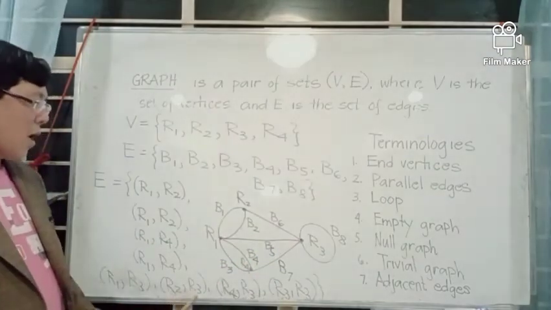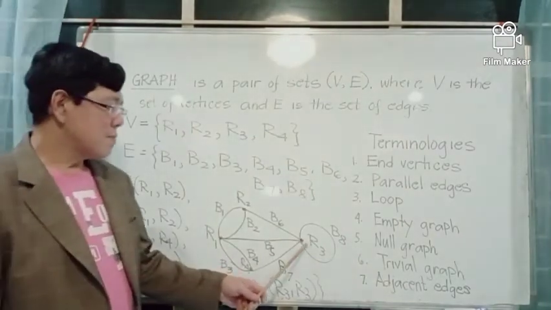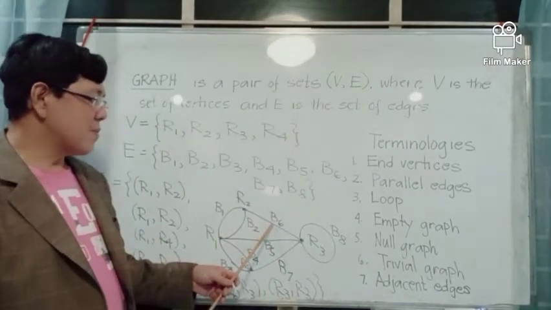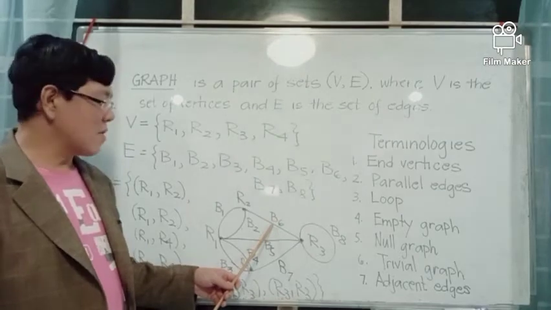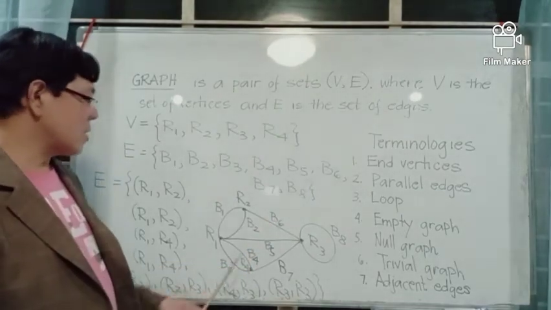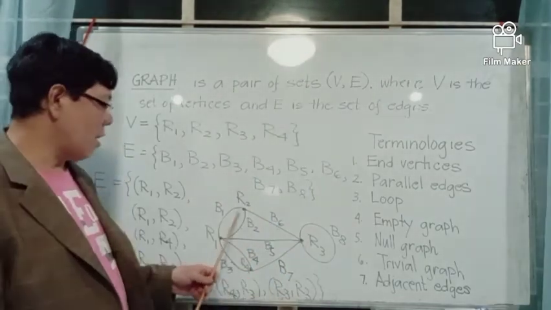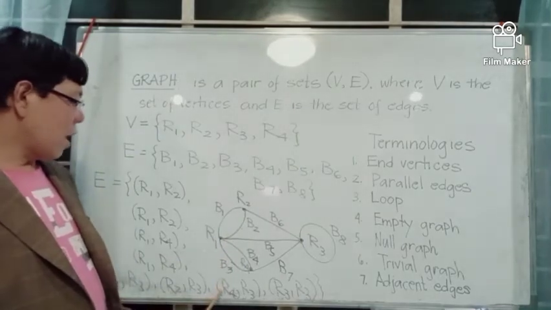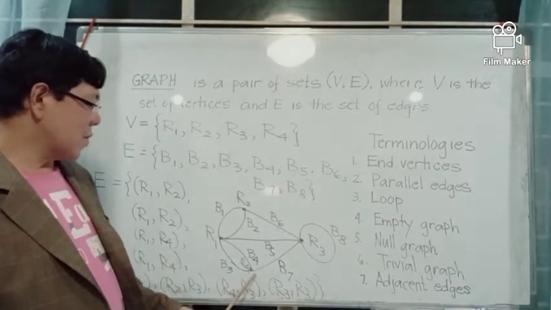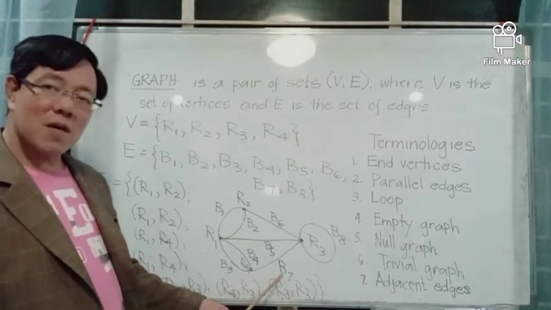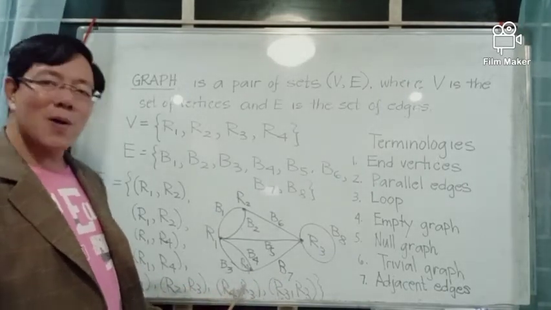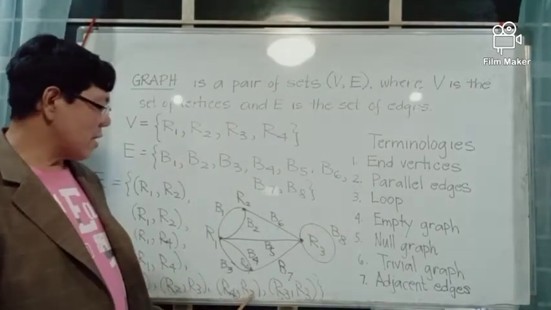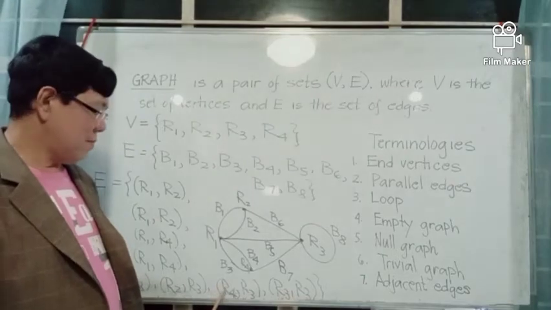For R2, R3 for the edge B6, you can write R3, R2. And R4, R3 for the edge B7, you can write R3, R4.